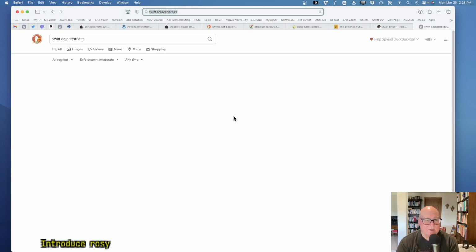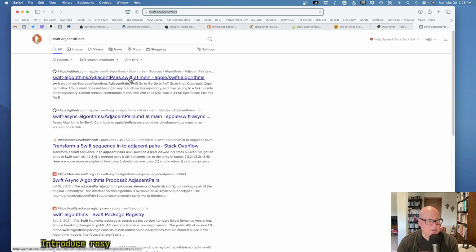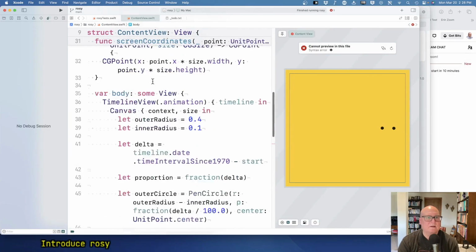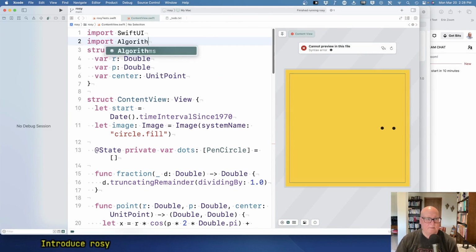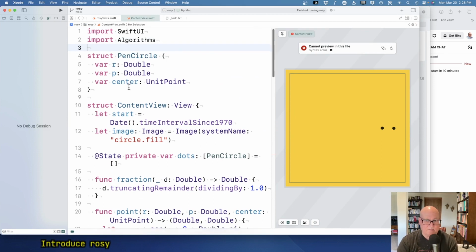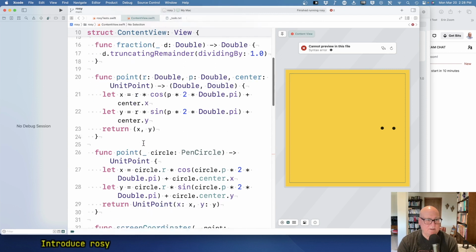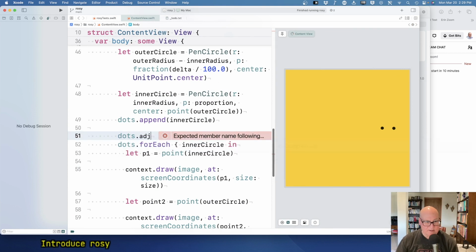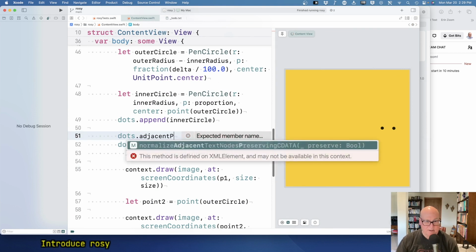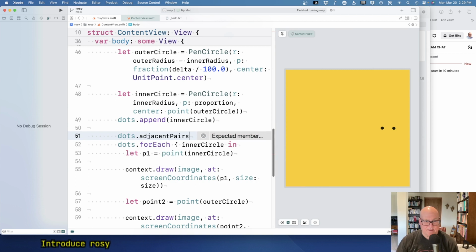I think it's one of their new algorithms. I may have to say import algorithms. Okay, let's try that. They've got a bunch of packages coming, or they define a bunch of functions in this algorithms package that they maybe will migrate in someday. Adjacent pairs.